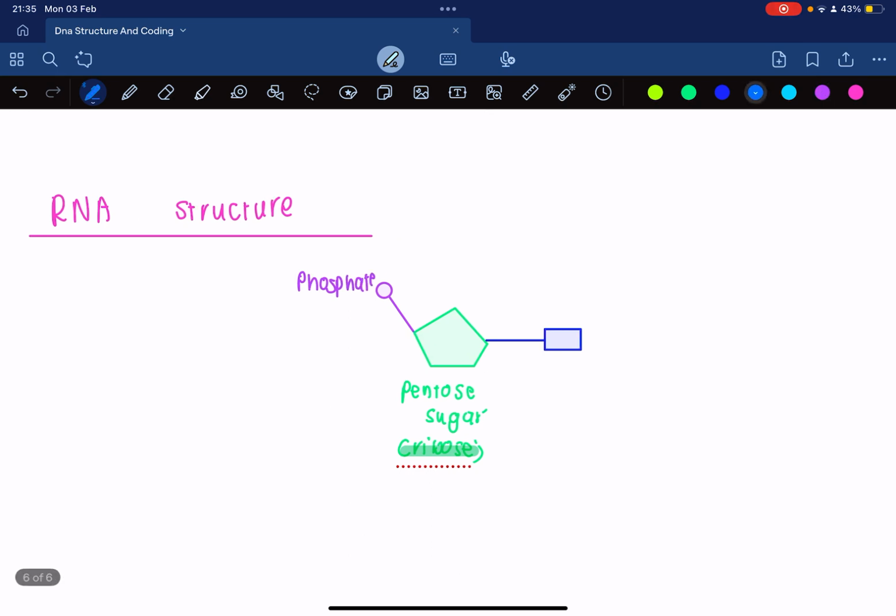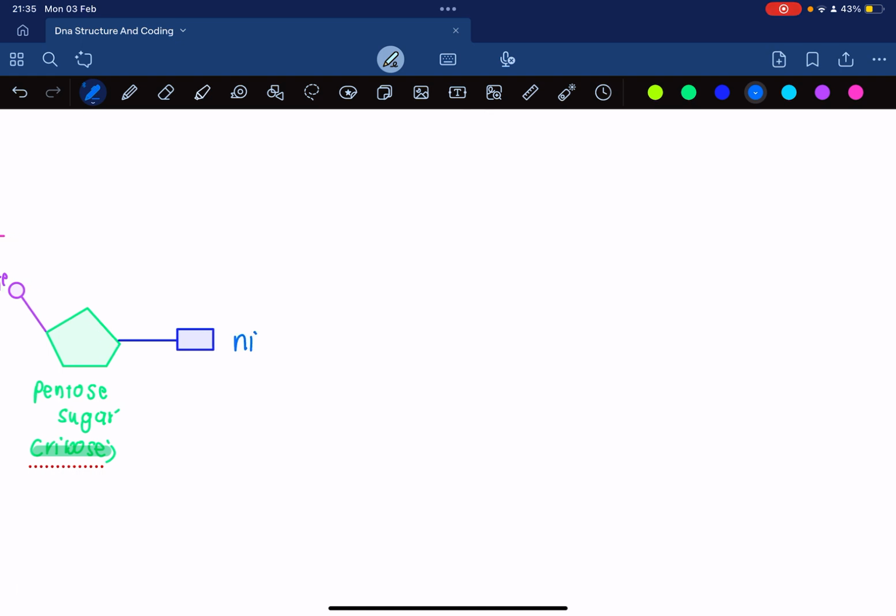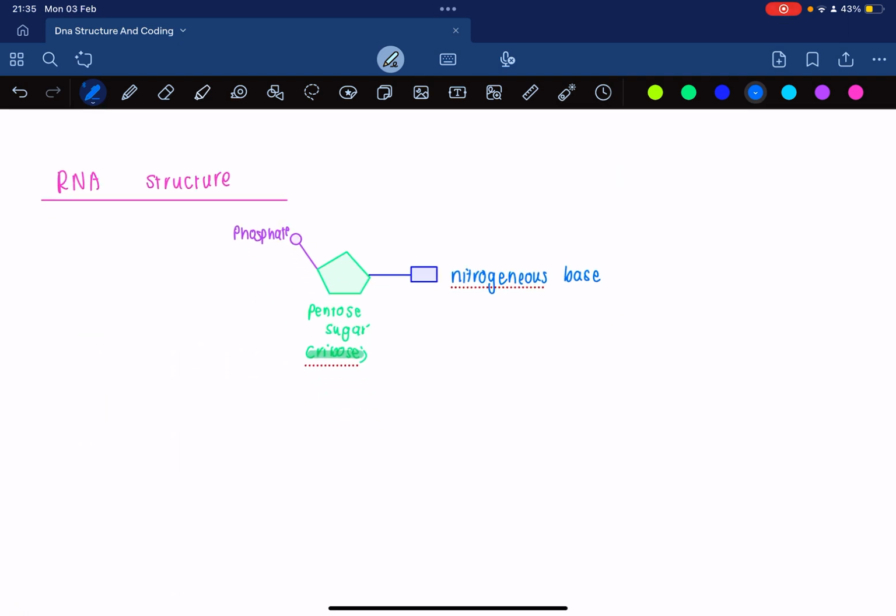And then we still have our nitrogenous base. However, what changes in the nitrogenous base is that we're still going to have adenine, cytosine, and guanine.